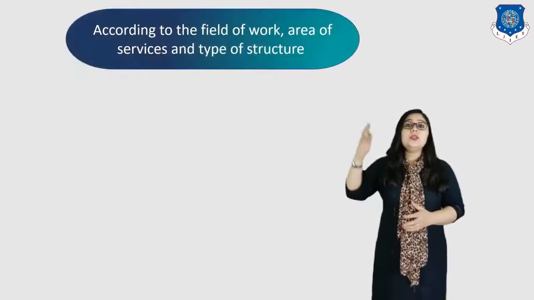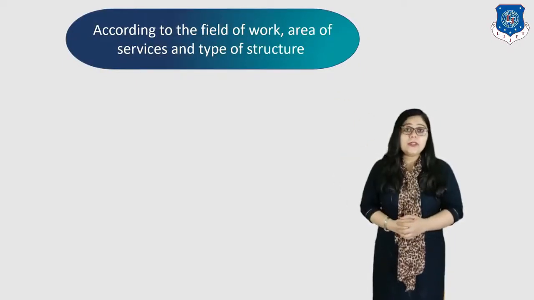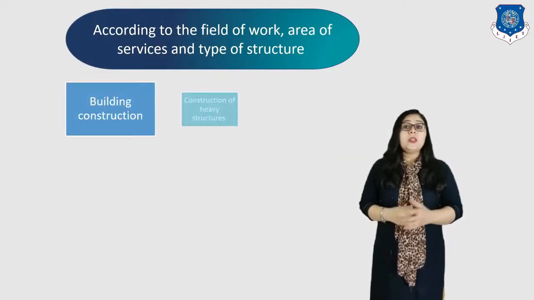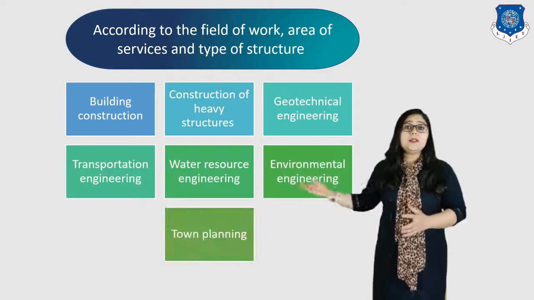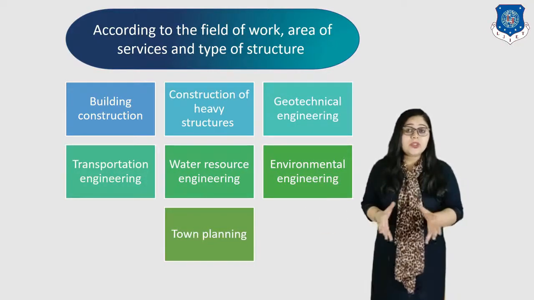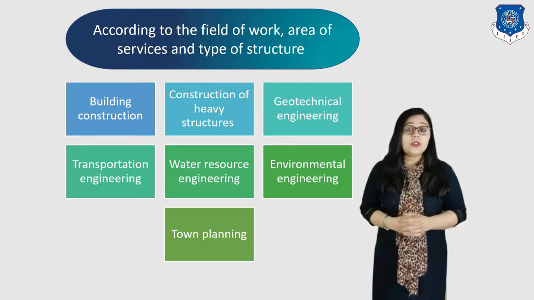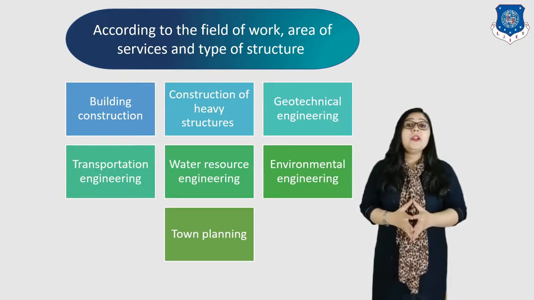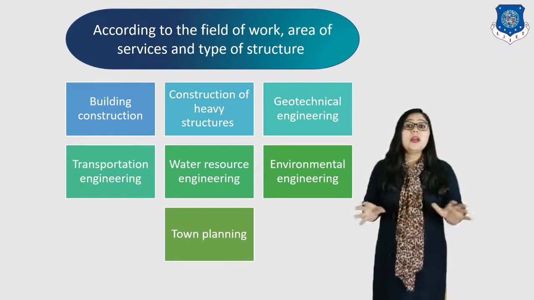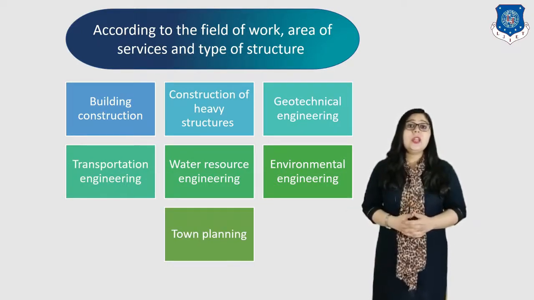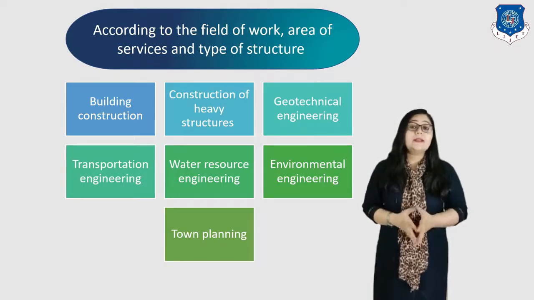First, according to the field of work, area of services and type of structure, here you can see building construction, construction of heavy structures, geotechnical engineering, transportation engineering, water resources engineering, environmental engineering and town planning. It means these all are branches of civil engineering which we have already discussed in the previous lecture.